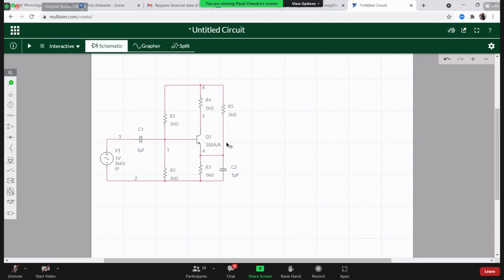Again, we have to connect the coupling capacitor and then another phase.